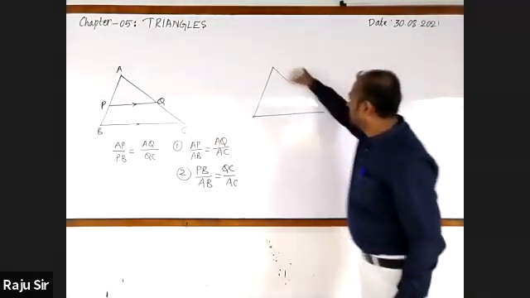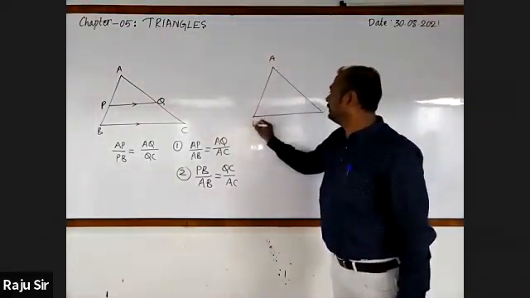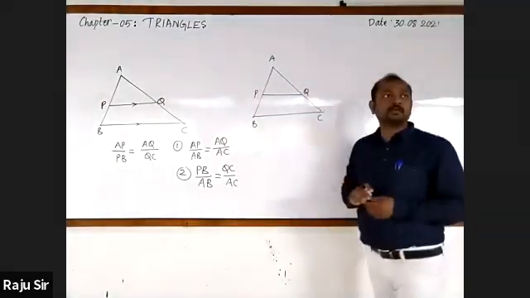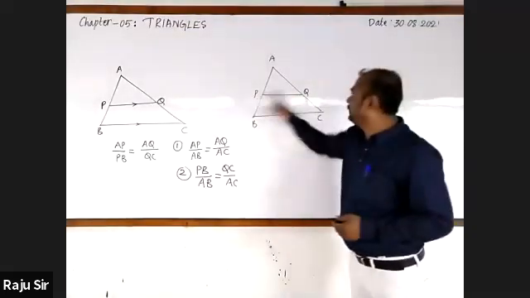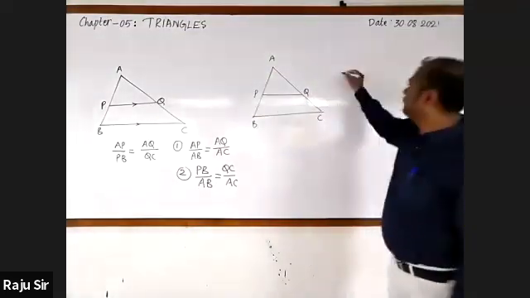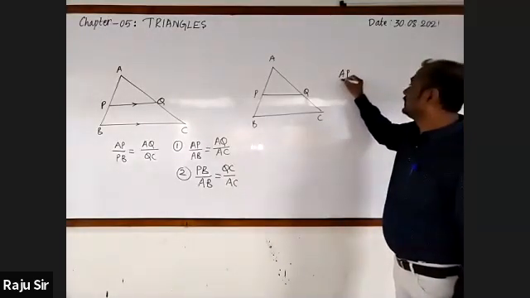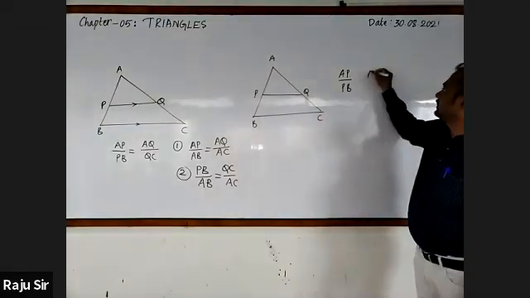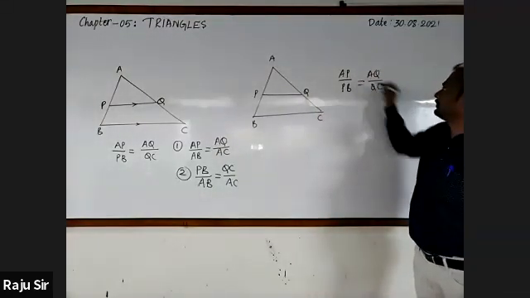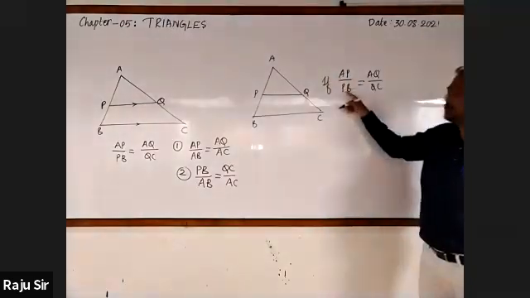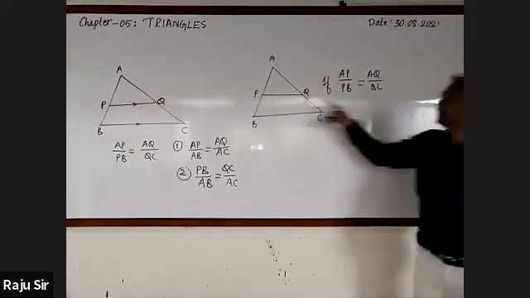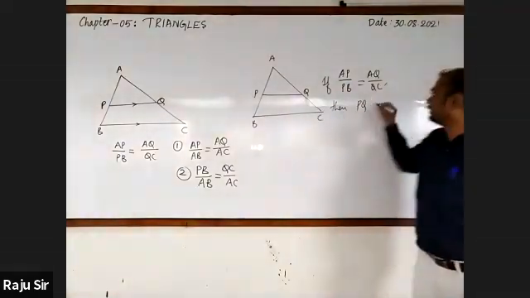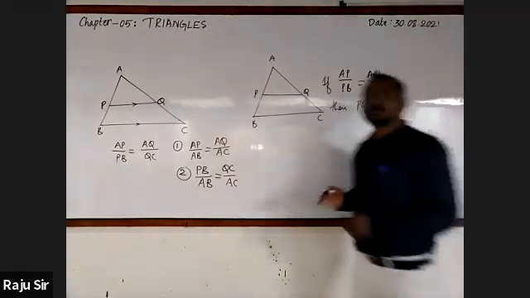Here I draw the triangle ABC, and the line PQ such that PQ divides AB in the ratio AP by PB and AC as AQ by QC. If this holds good, then we can write PQ is parallel to BC. This is the converse of BPT.